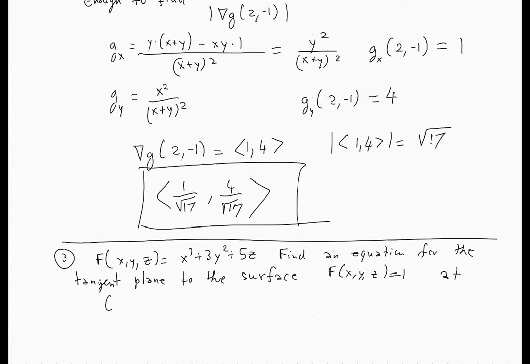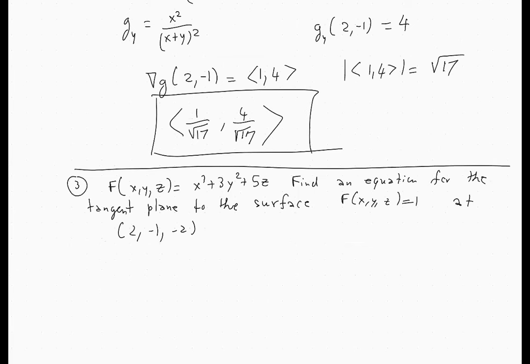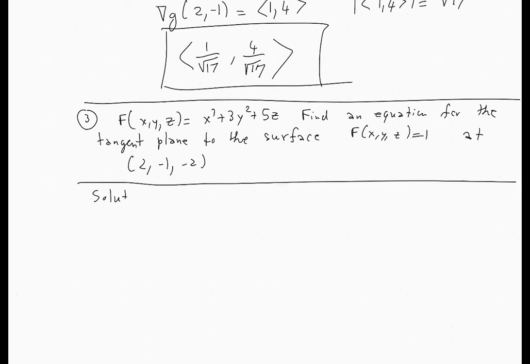Okay, so what do we do here? What we want to do is take into consideration the fact that the gradient at the point 2, negative 1, negative 2 is going to be perpendicular to the level surface at 2, negative 1, negative 2.